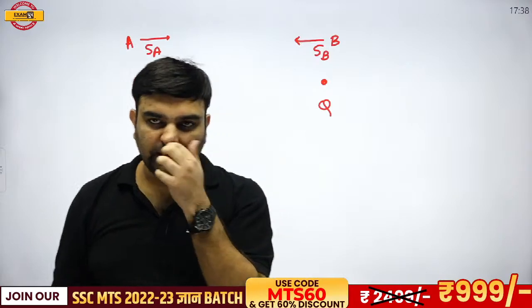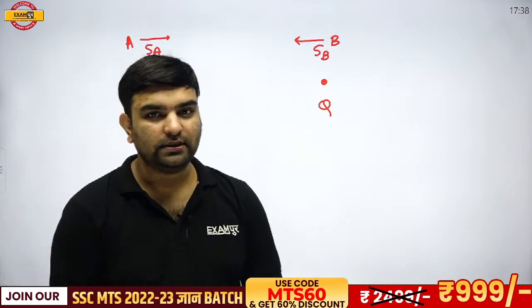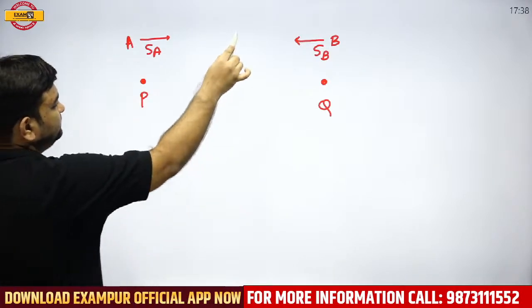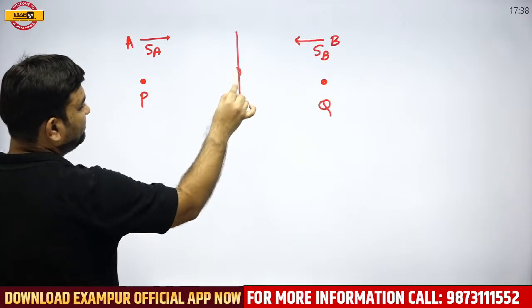Guys, if they travel towards each other, they will definitely meet at some point. They will meet at point P.